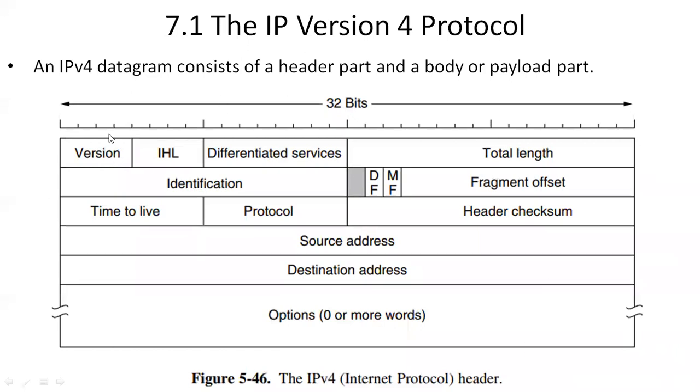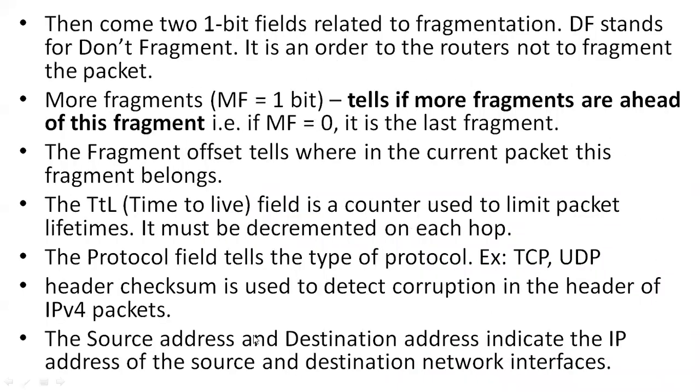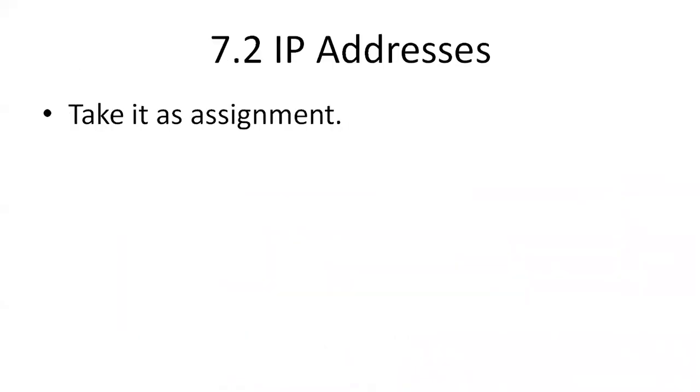That is version, which represents the version, IHL, differentiated services, total length, identification, the single bits DF, MF, okay, fragment offset, time to live. I think we have completed all the aspects here, right, ma'am? Yes, sir. So just the IP address I have given as an assignment, complete this in time.